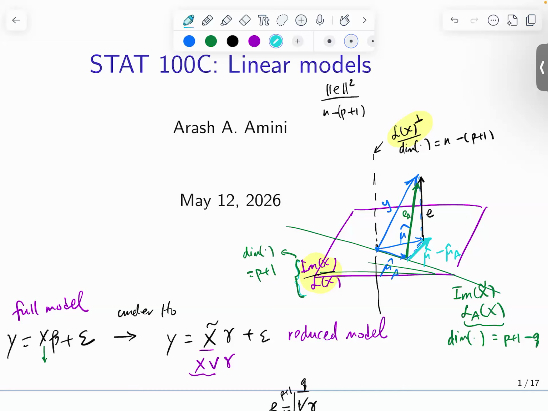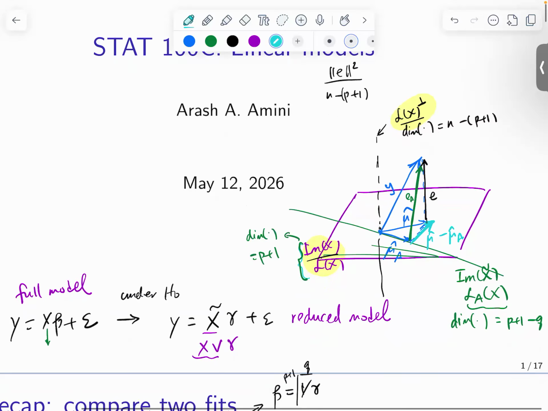So this difference of mu hat and mu hat A lives in a space. Anyone remembers kind of a fancier space last time we argued? This lives in a linear space.